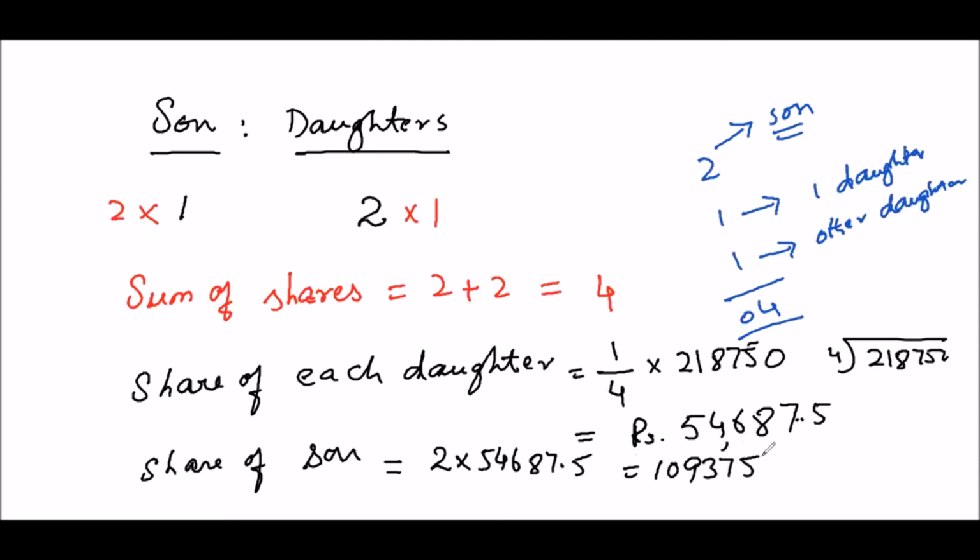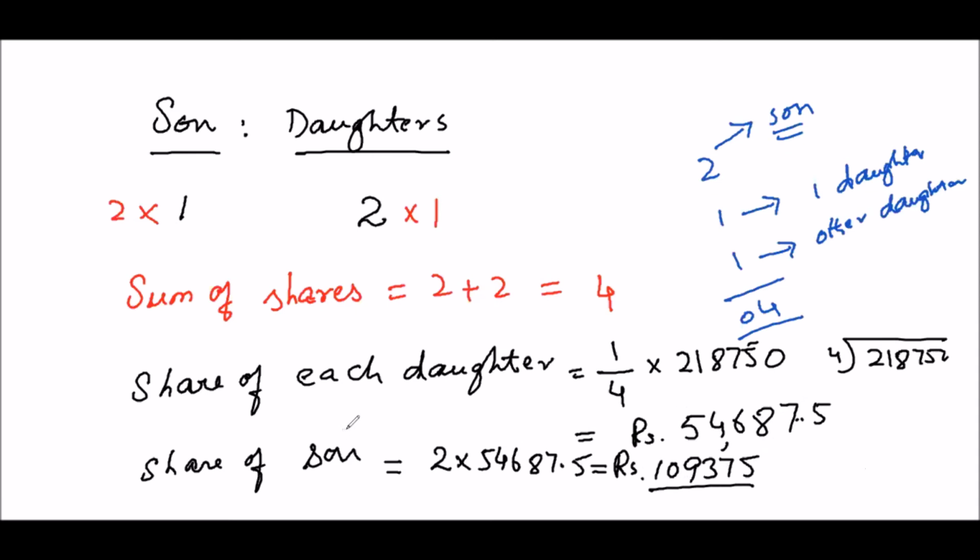This amount will go to the son, and you will write rupees also. Always write unit with the answer. So this is the share of son, and this is the share of each daughter.